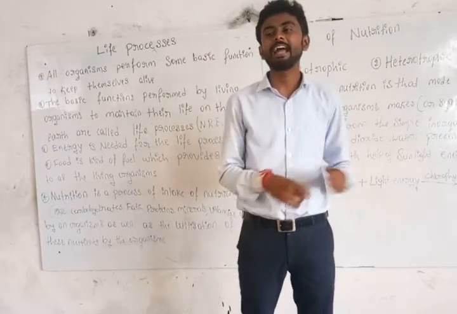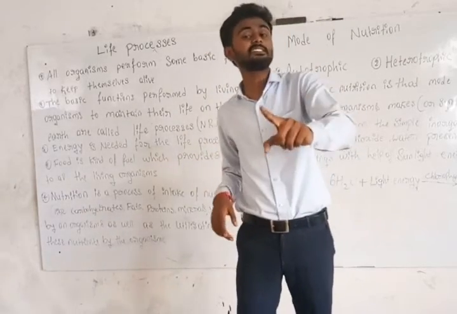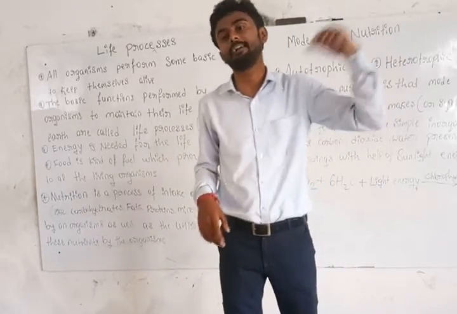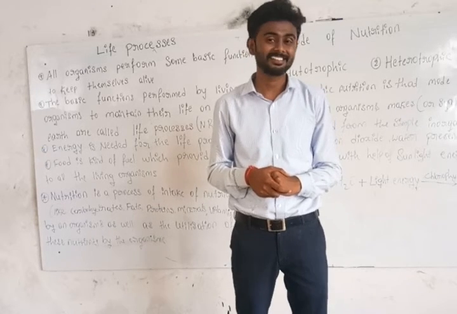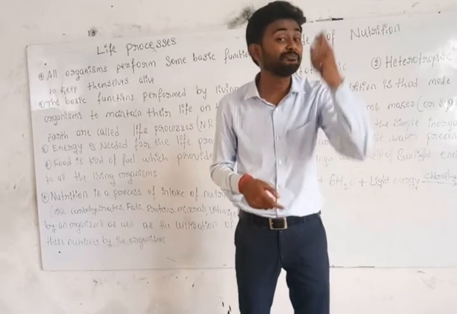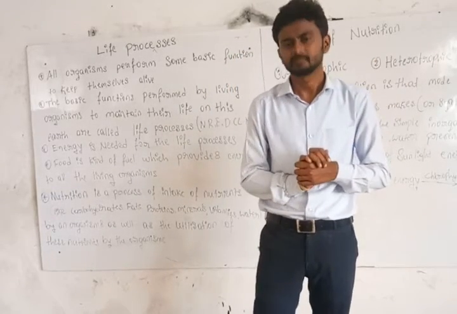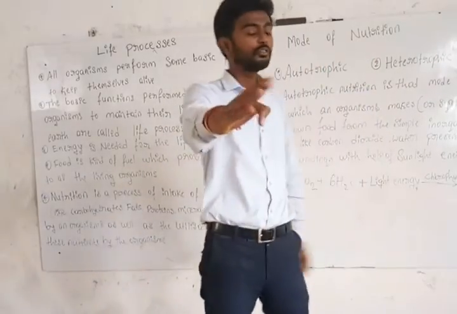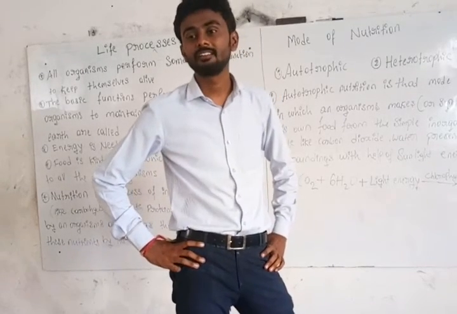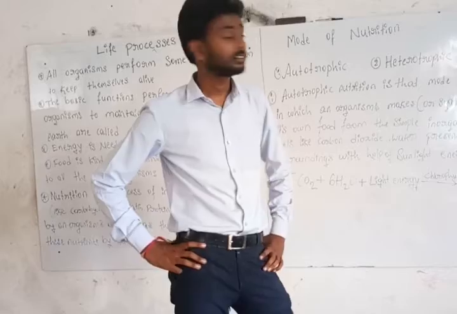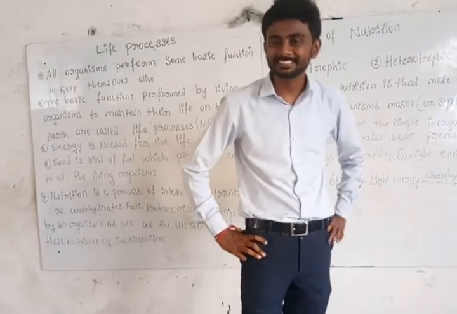By using that carbon dioxide, that water, with the help of that sunlight, in the presence of the chlorophyll pigment, the plants can prepare their own food materials. So that process is known as what? Autotrophic nutrition.